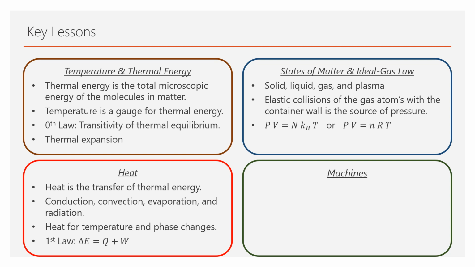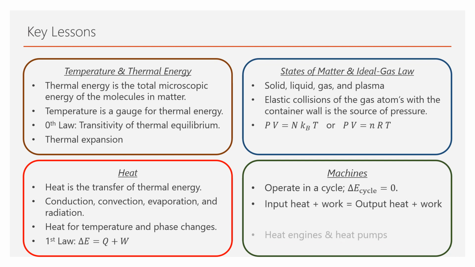Finally, we looked at machines. We saw that they operate in a cycle, and so the net input energy and output energy must be equal. We analyzed heat engines, which take in heat from a hot reservoir to do work, and heat pumps, which force heat to flow into a hot reservoir with an input of work. Finally, we saw that the second law of thermodynamics forbids the existence of ideal machines.